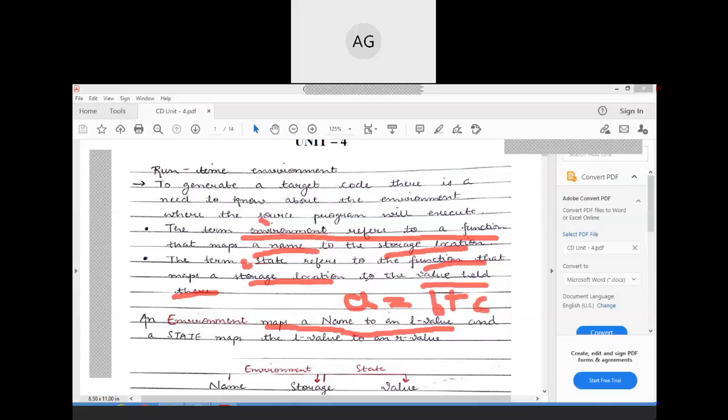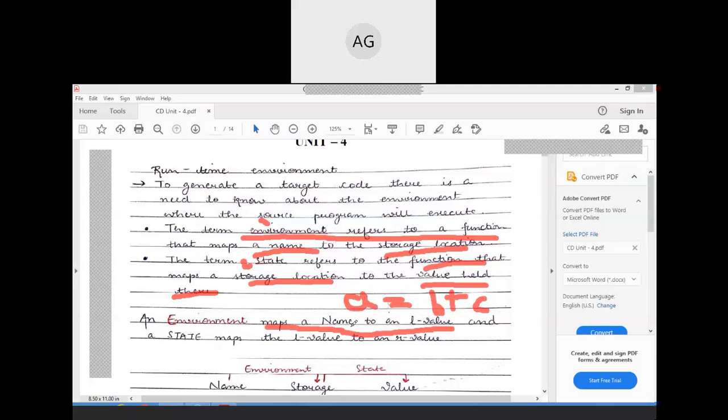So a is the left hand value because it lies on the left hand side of the equal to sign, and b plus c is the right hand side value as it lies on the right hand side of the equal to sign. So a is written as the L value and b plus c is written as the R value.